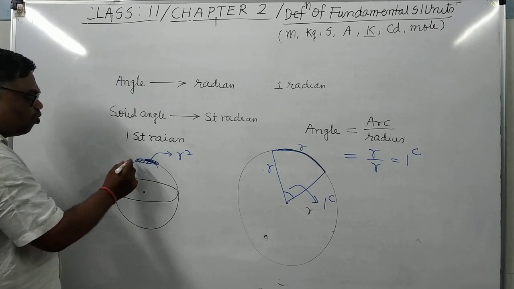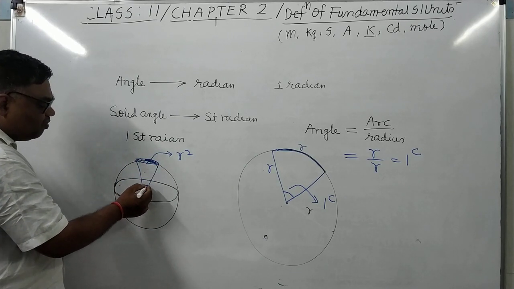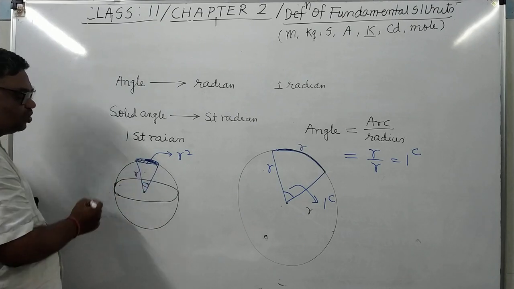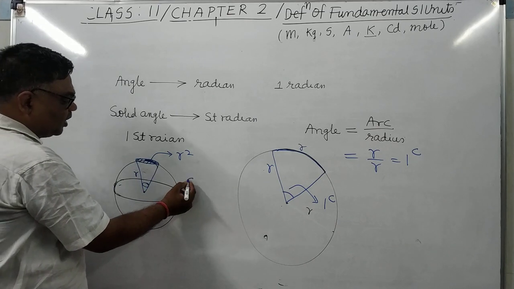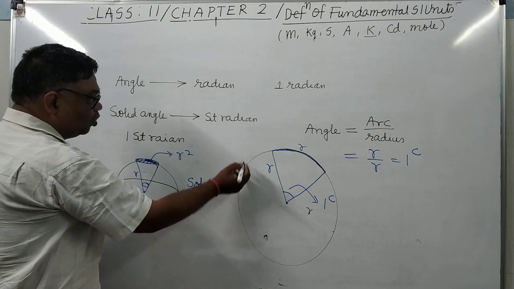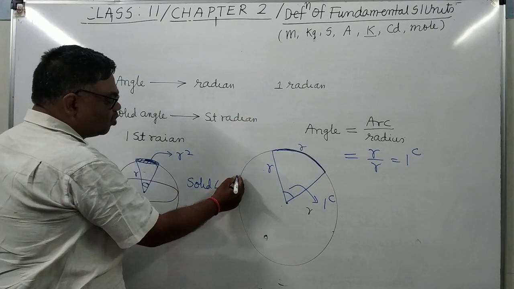It's clear? What will be the solid angle subtended by this surface at the center? Here the radius is also r. So solid angle will be equal to the area of the surface divided by r square.